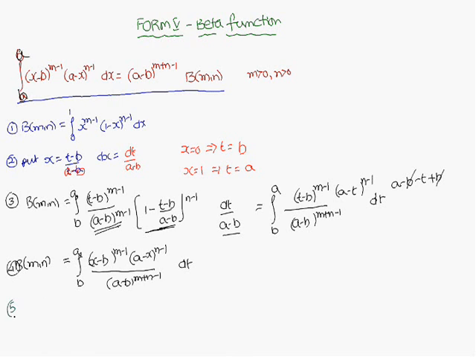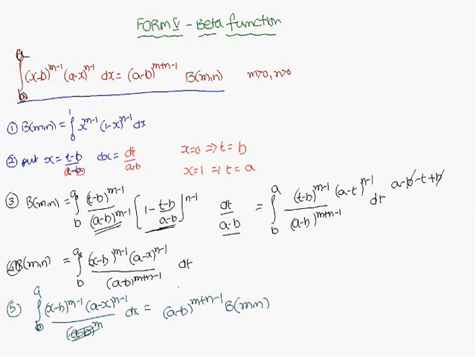So now integral b to a x minus b whole power m minus 1 into a minus x whole power n minus 1 dx is equal to a minus b whole power m plus n minus 1 into beta m comma n. So this result from this one you are going to get. This is the form 5 of the beta functions.